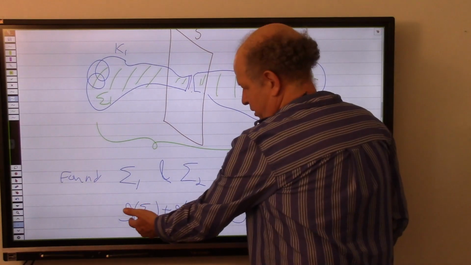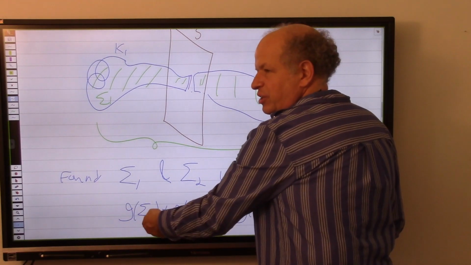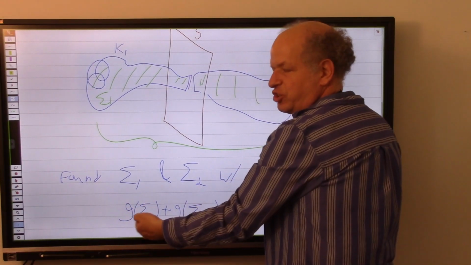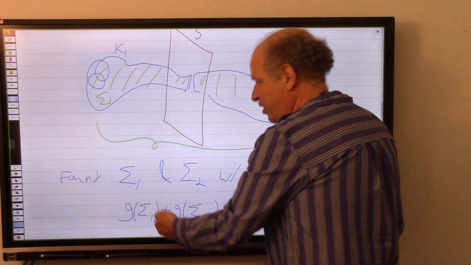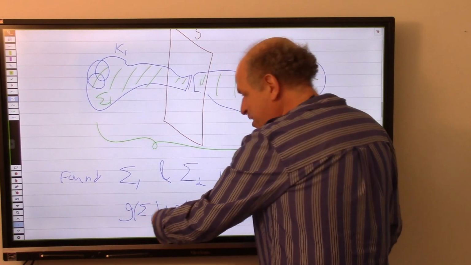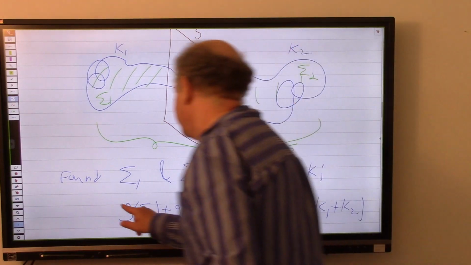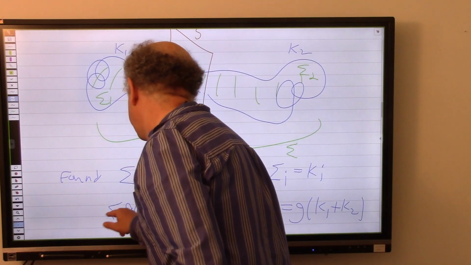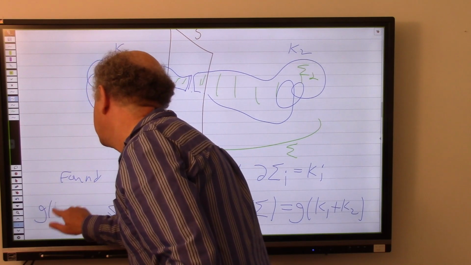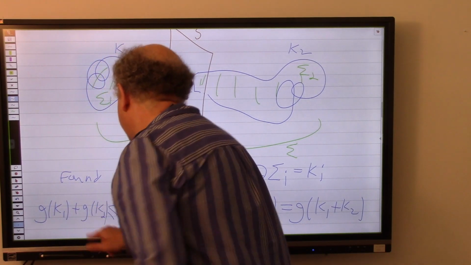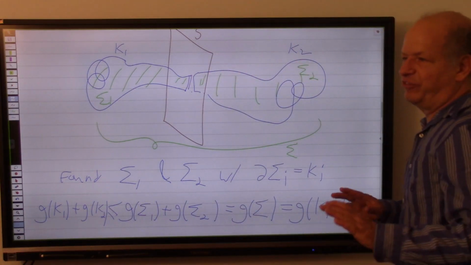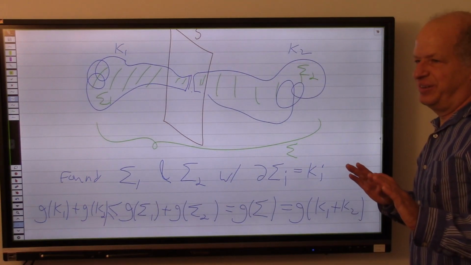But you see, the genus of any two individual surfaces is at least the genus of the actual knot. The actual knot is the minimum over all sigma. So this is greater than or equal to the genus of k1 plus the genus of k2, and I hope this is the inequality we were after. Okay?